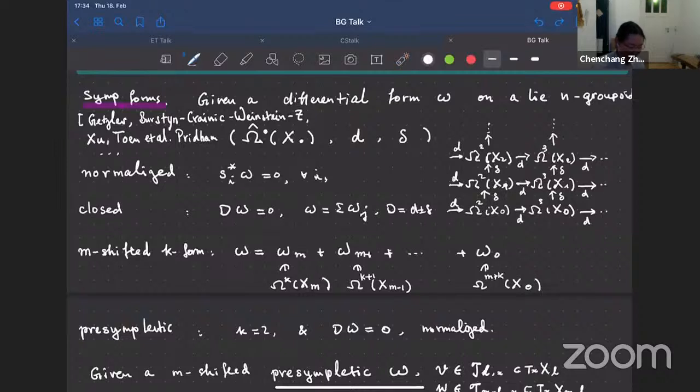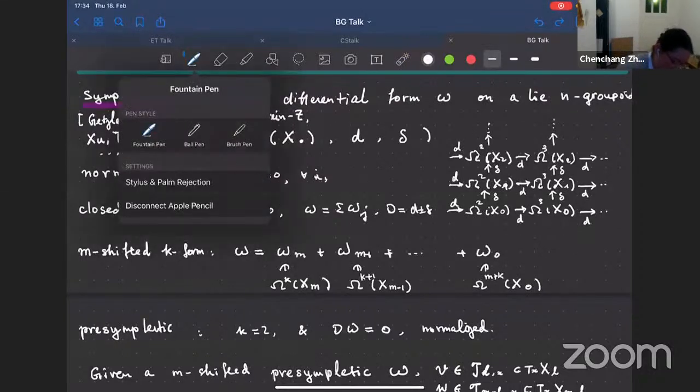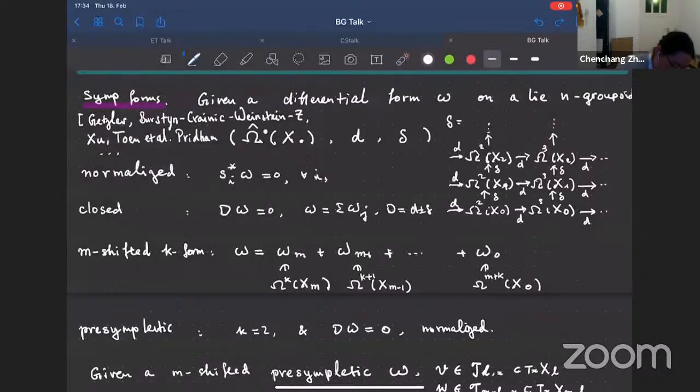So this little delta, this simplicial delta, depends on your favorite sign convention, and is defined by pullback of these face maps.